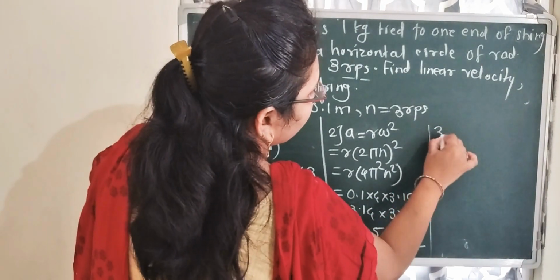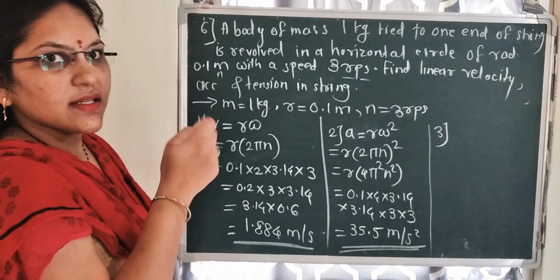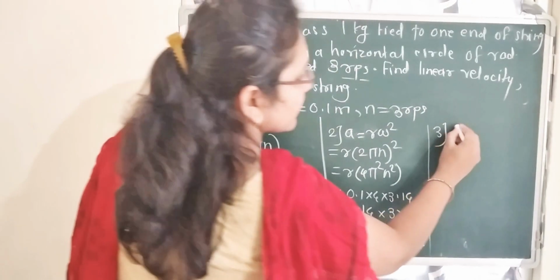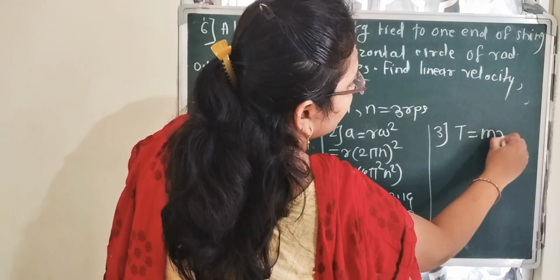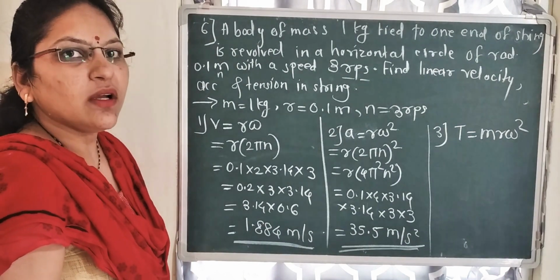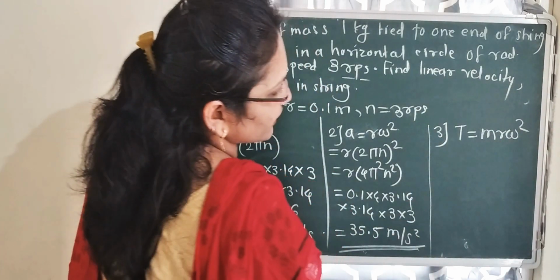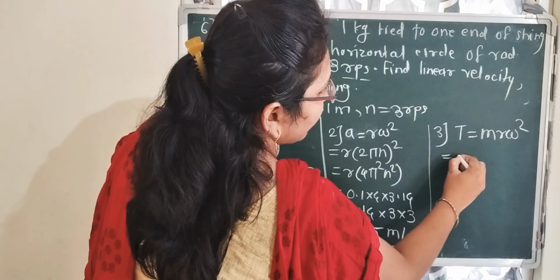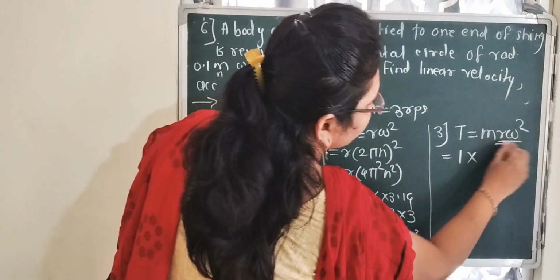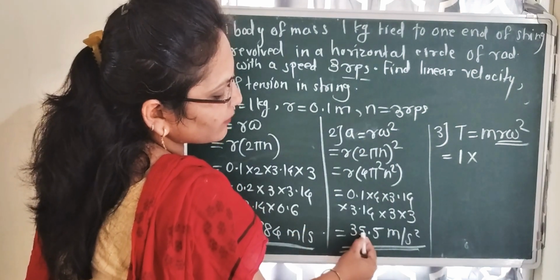And third, here we have been asked tension in the string. When the string is revolved in a horizontal circle, then tension in the string T is equal to centripetal force. So we can write T equal to m r omega square. Here m is 1 kg, and we have the answer of r omega square, which is 35.5.